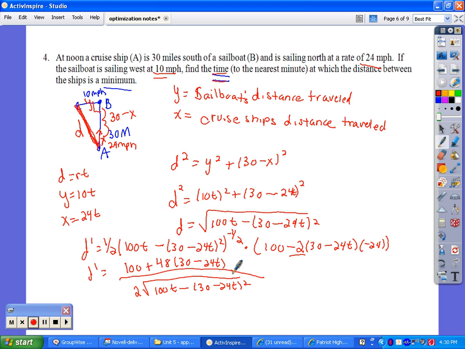And then if I multiply this out and simplify, I get 48 times 30, which gives you 1440, and I get 48 times negative 24, which is 1152t, all over this 2 square root and then everything under the square root.